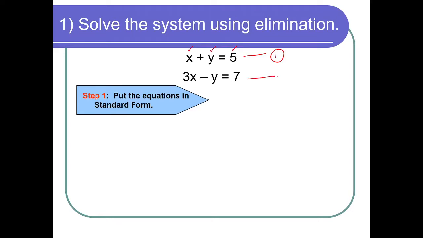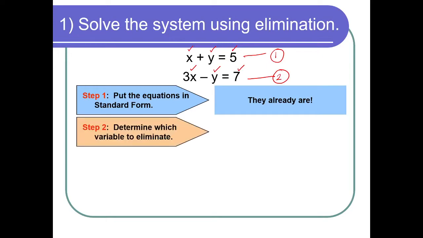What about the second equation? Is that in standard form? Still, it is. Take note, x comes first, followed by y, and then equal to the constant term. So both of our equations are in standard form. Step number 2. Determine which variable to eliminate.